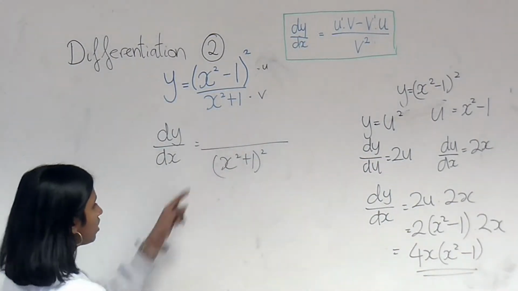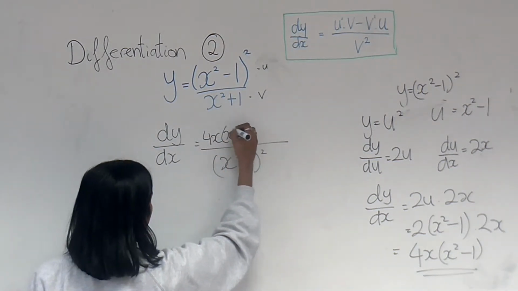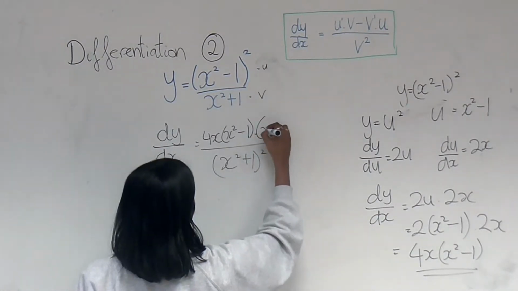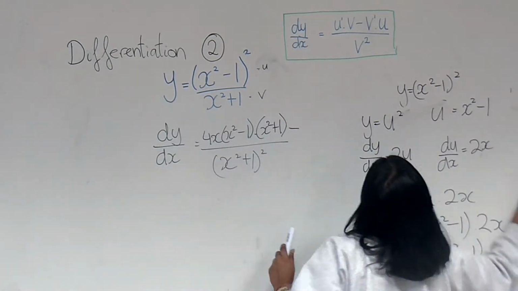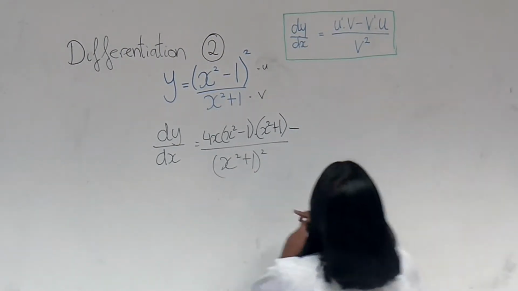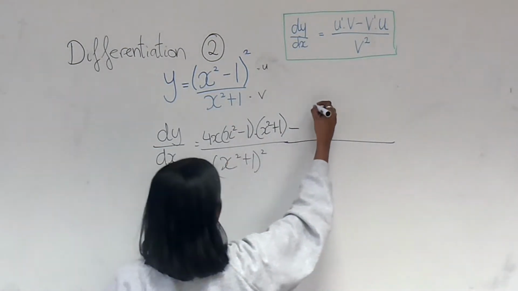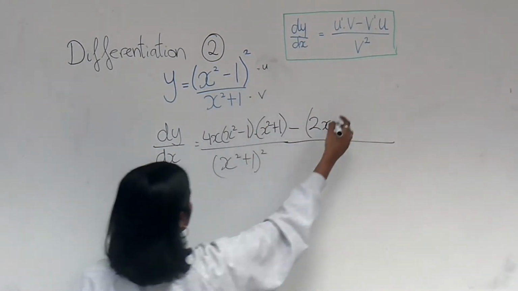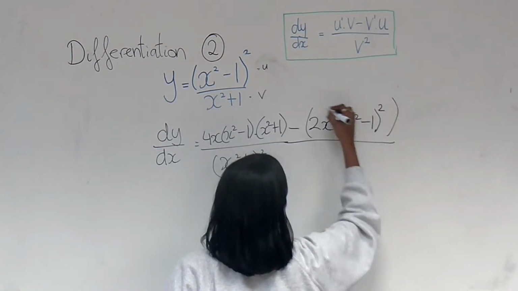And then you plug it back into the equation, so you have 4x into x squared minus 1 times v, which is your denominator, so x squared plus 1, minus the differentiation of the denominator, which becomes 2x times u, which is x squared minus 1 whole thing squared.